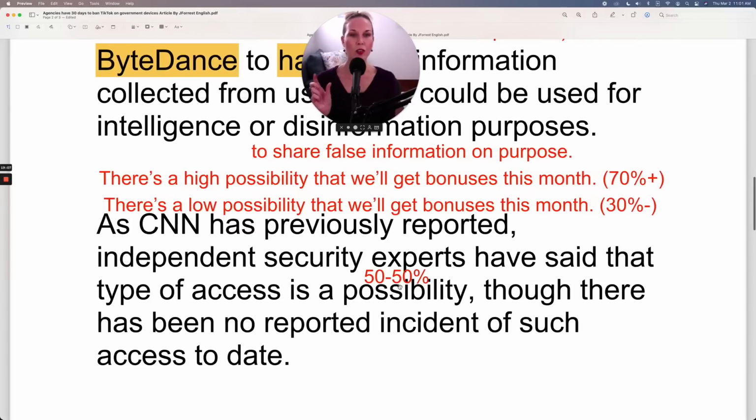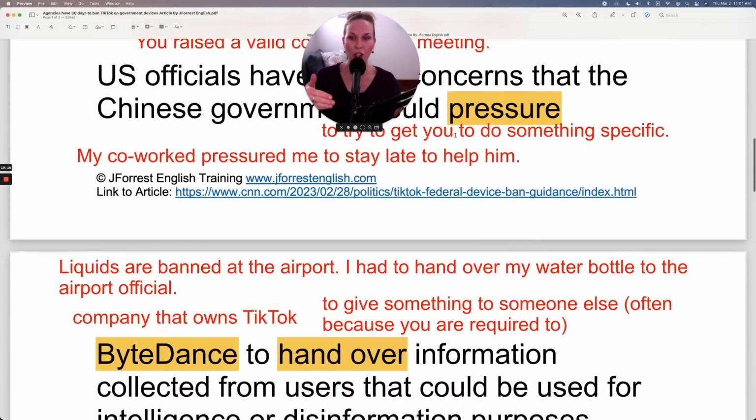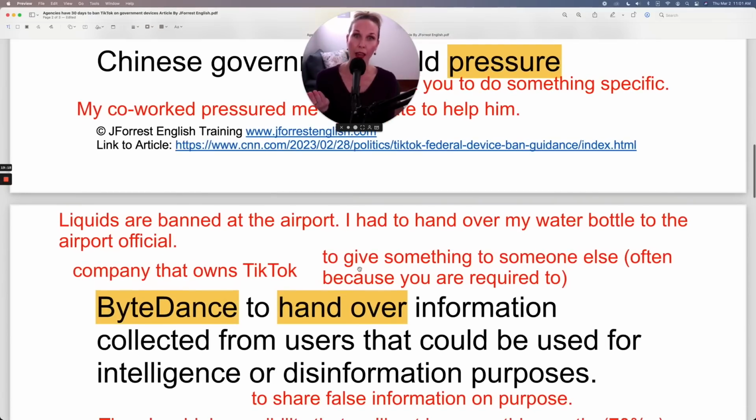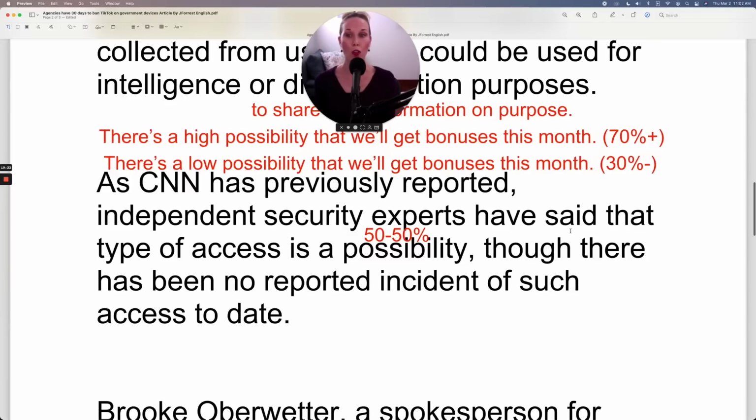So in this case, they're saying security experts are saying there's only a 50% chance that the Chinese government would pressure ByteDance to hand over, to give that information. Though there has been no reported incident of such access to date.